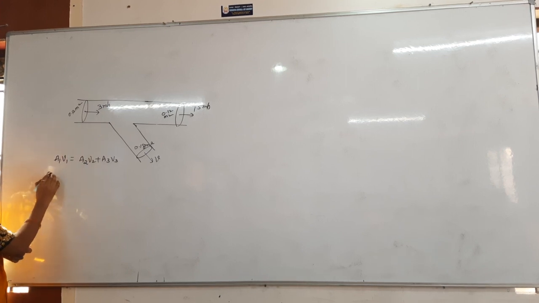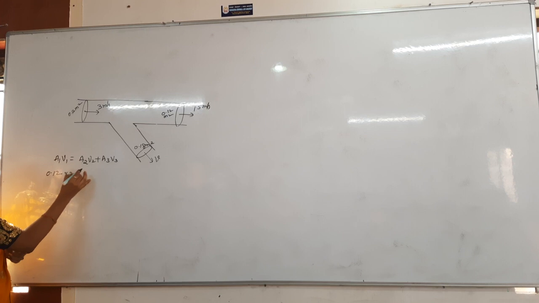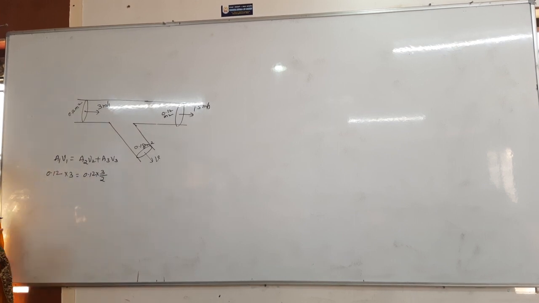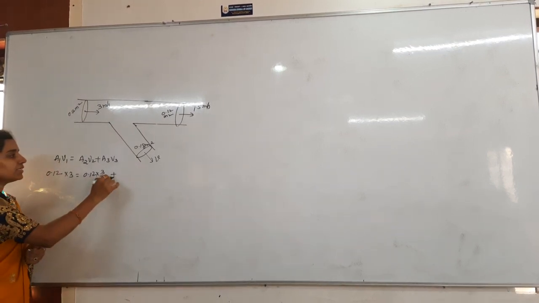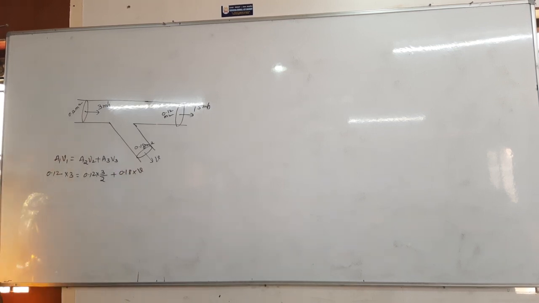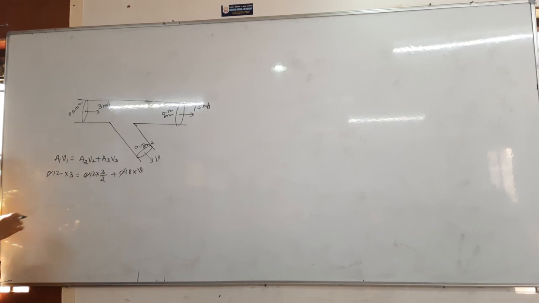A1 is how much here? 0.12, and V1 is 3. That equals A2, again 0.12 only. The velocity I will take as 3 by 2, 1.5. Then plus A3 is 0.18 into velocity V, which I have to find out. Then I will cancel the 0 point on every side.